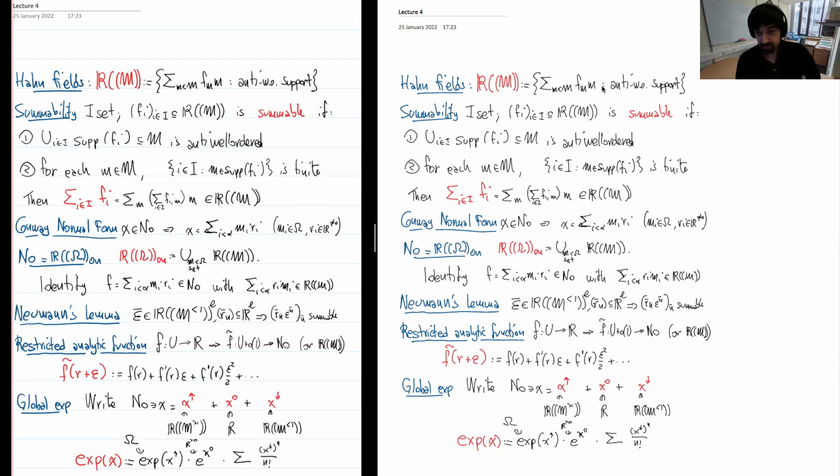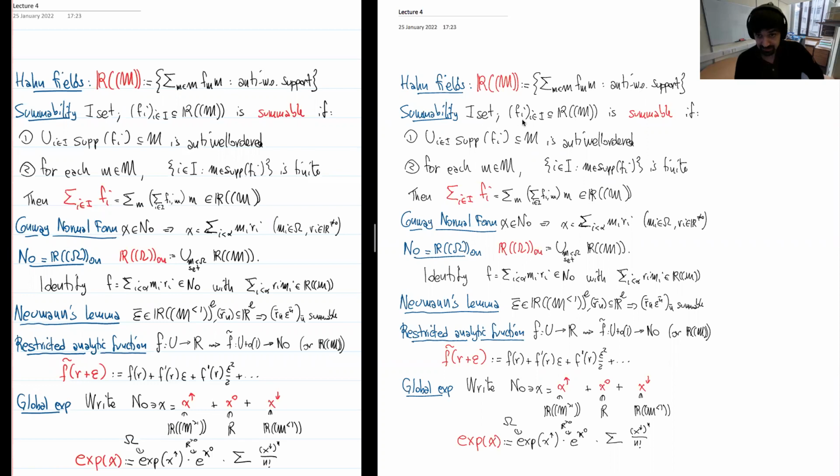The sum makes sense when the support of the sum is anti-well ordered, which means that the set of monomials where the coefficients are non-zero has a maximum, and every non-empty subset has a maximum. This codifies the fact that the sum is a sum of smaller and smaller terms as you go along, and the tail is always smaller than anything that came previously.